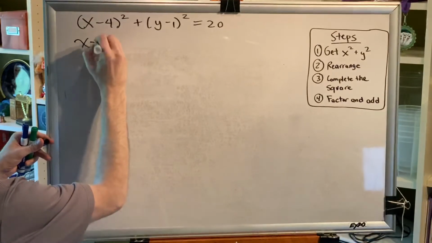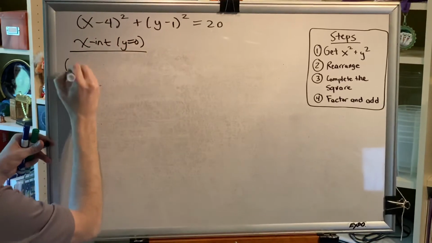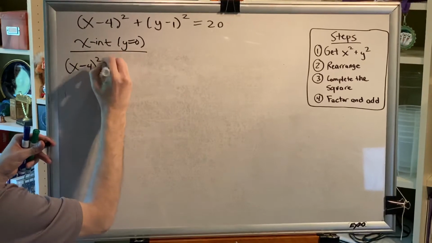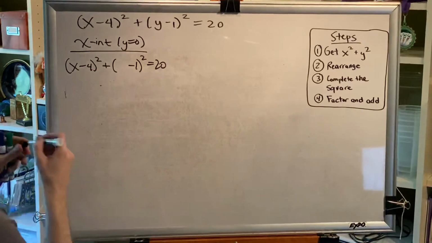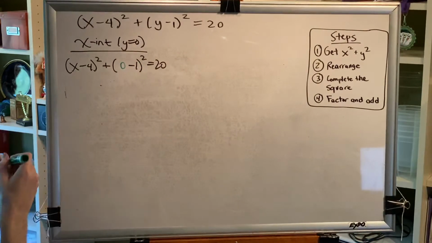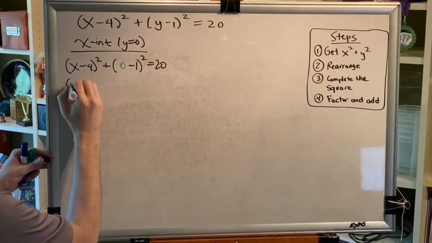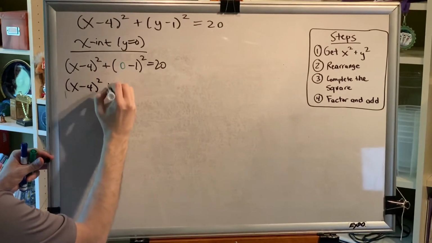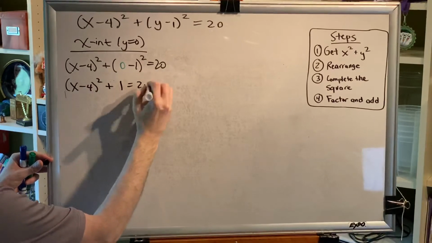For an x-intercept, we let y equal 0. So we get x minus 4 squared plus 0 minus 1 squared equals 20. X minus 4 squared plus 0 minus 1 is negative 1, squared is positive 1.